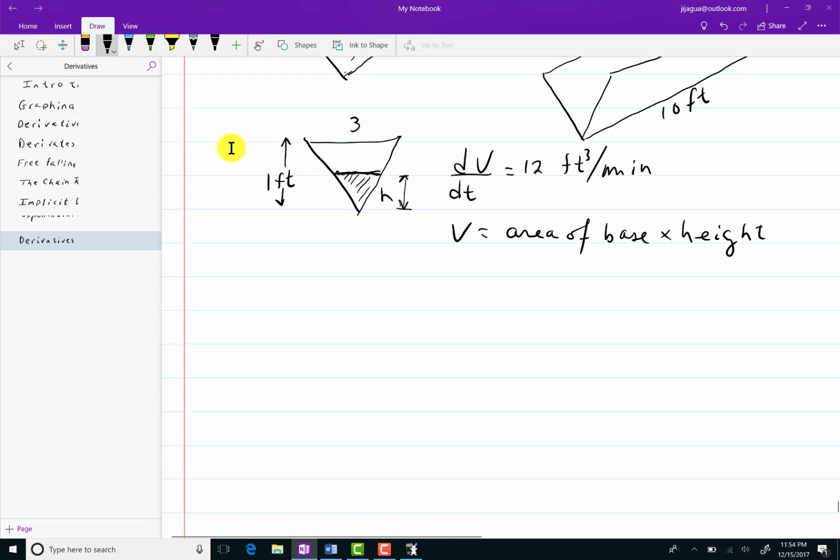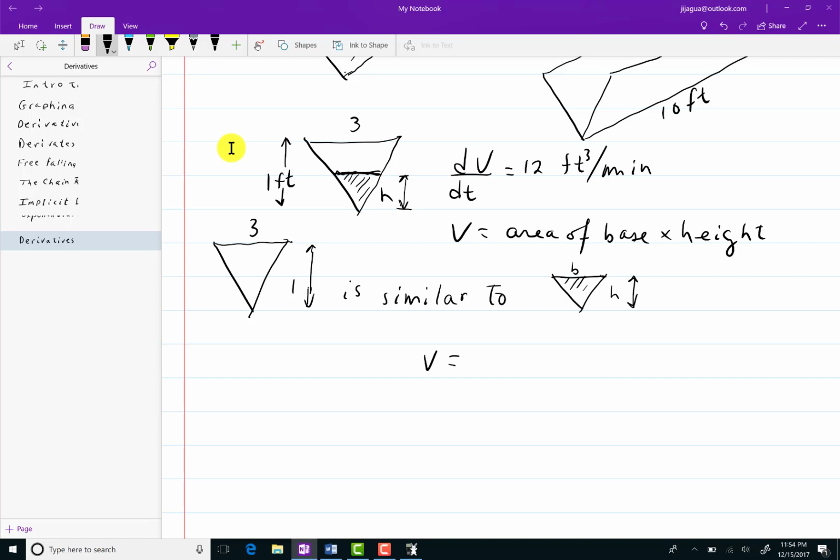So similar triangles. So let me see if I can write this out. We have the one that's a 3 by 1 is similar to the little one, which went like this, which had an H. And let's call this B, because the area of the base is B. So my volume, the area of the base is 1/2 base times height times, let me change this here.